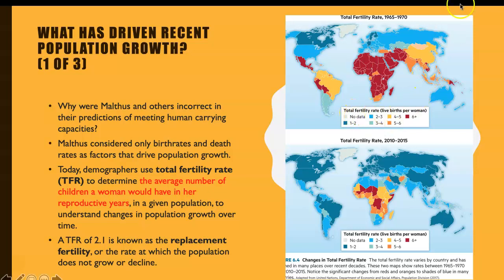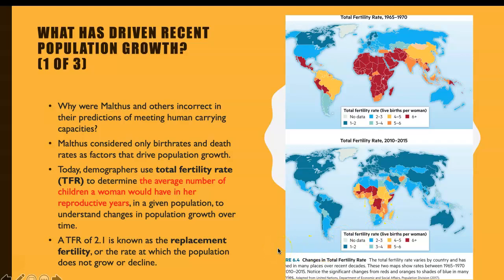About 50 years ago, some areas of the world had really high TFR. So a lady would have like 5 to 6 children or even more. And now, about 40 years later, the TFR has greatly dropped even in those hotspots.